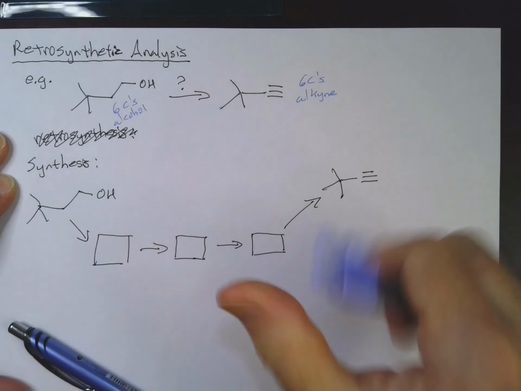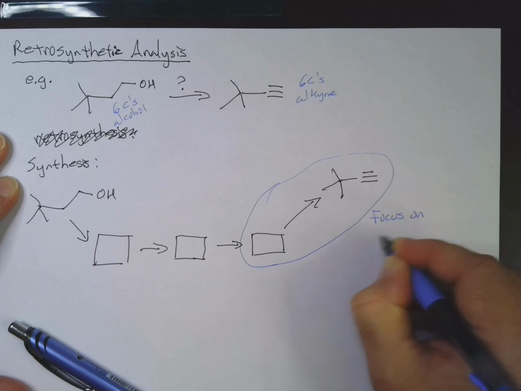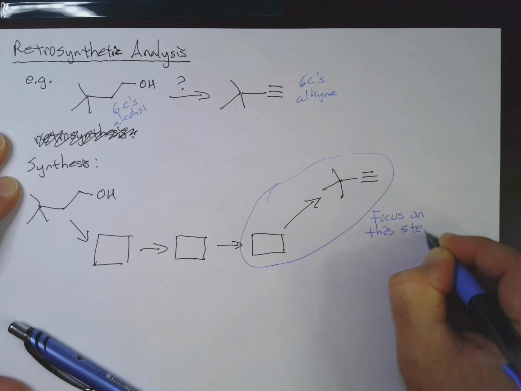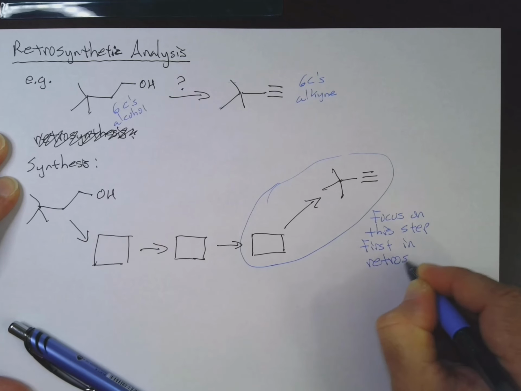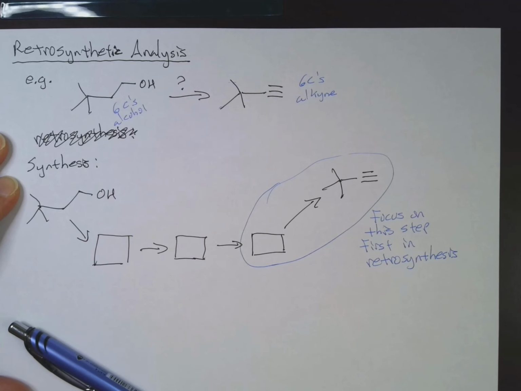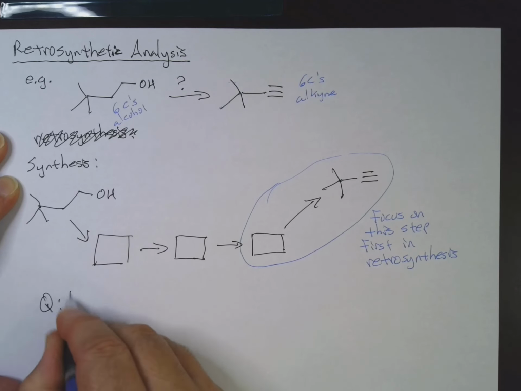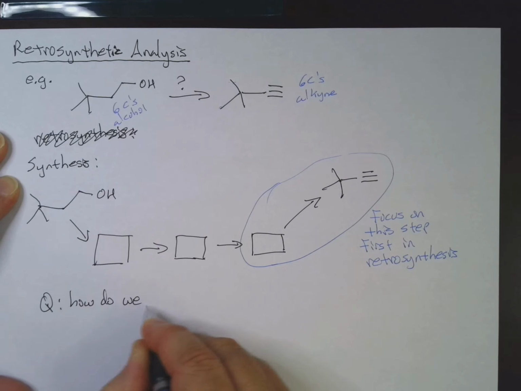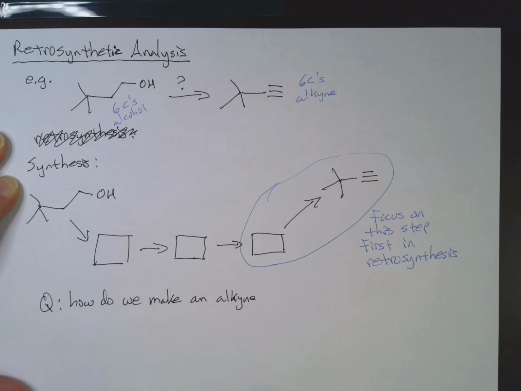And what we're going to do, in the retrosynthesis, is focus on this last step. So we'll focus on that last step first in our retrosynthesis. So our question is, how do we make an alkyne?